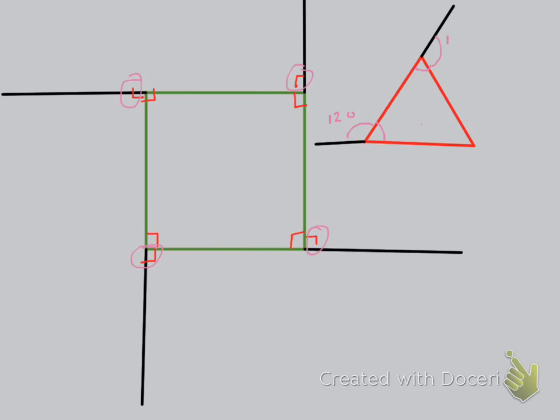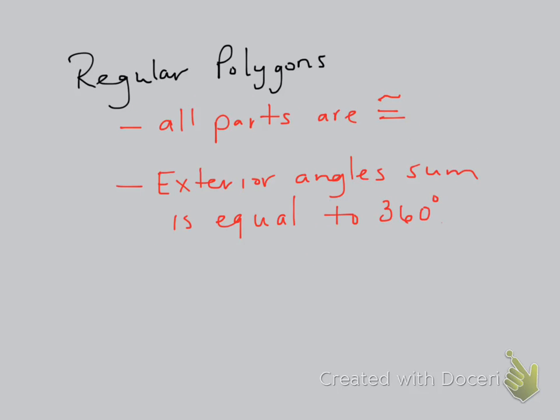That means this is 120. And then one more time over here. That's 60 in there, so the exterior angle must be 120. And I'm getting that because they're supplementary pairs or linear pairs, right? And so now I have 120 times 3. So 3 times 120 is going to equal 360. So the exterior angles sum is always equal to 360 on regular polygons.